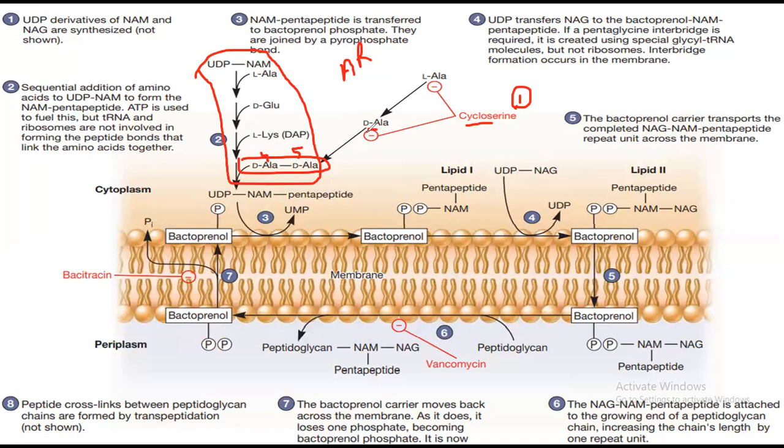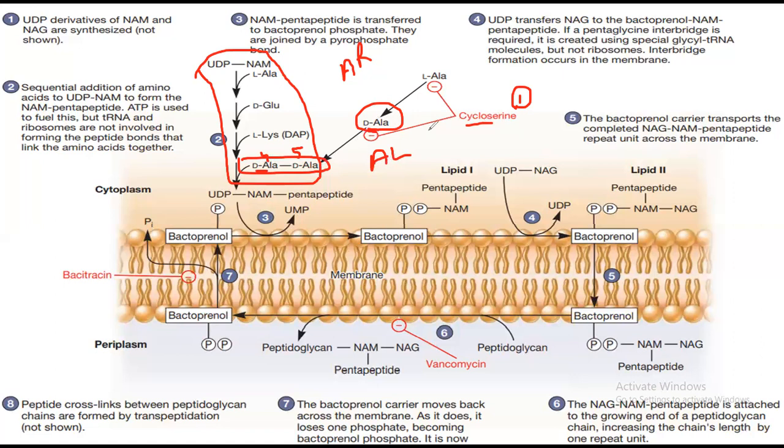Secondly, if we are having D-alanine in the bacterial cytoplasm, what does it do? It binds with the help of the alanine ligase, an enzyme that binds the D-alanine to this fourth amino acid that is also known as D-alanine. So what does this cycloserine antibiotic do?